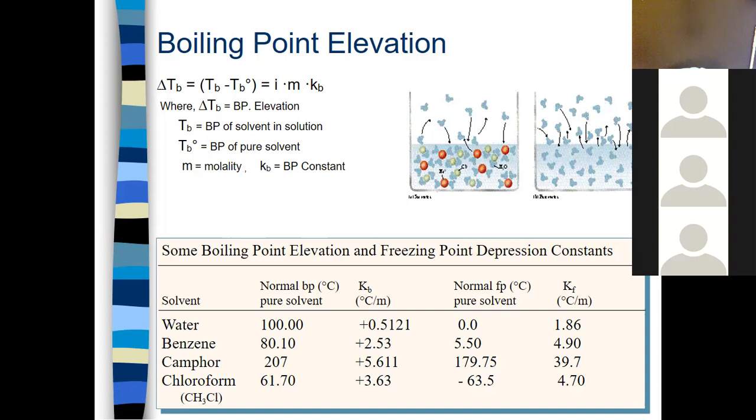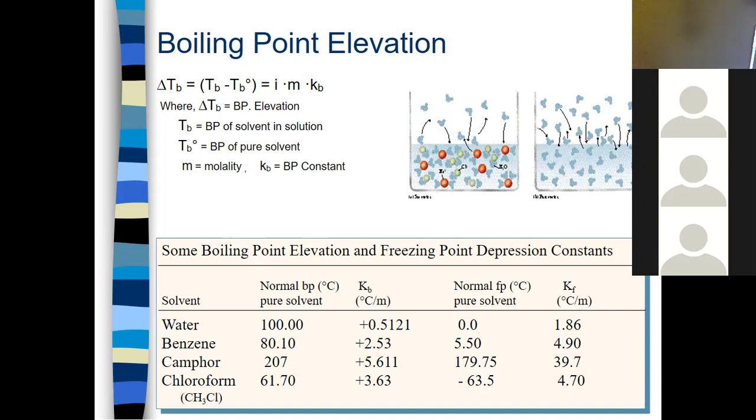So if you had a solution with water as a solvent, another one with benzene, another one with chloroform, and one with camphor, and they all had the same molalities, then the camphor would have the highest change in its boiling point because its KB is largest. Water would have the smallest change in its boiling point because water's KB is smallest.